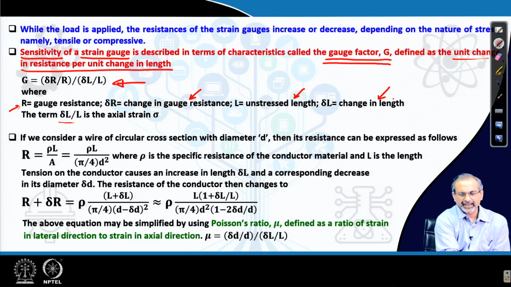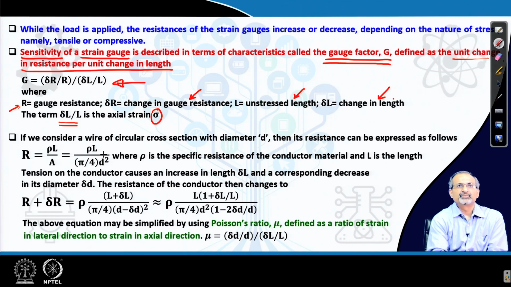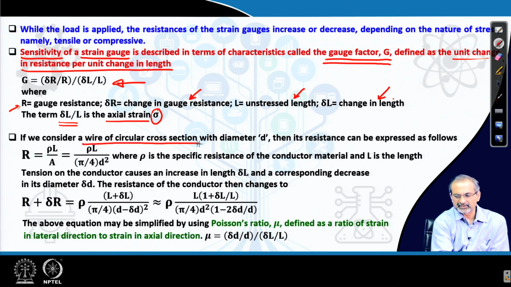When you are talking about an axial strain on the strain gauge, then you are talking about delta L by L being represented as sigma. Now, you can imagine that the strain gauge comprises several loops of a very thin wire, and that wire has a circular cross section with diameter d.